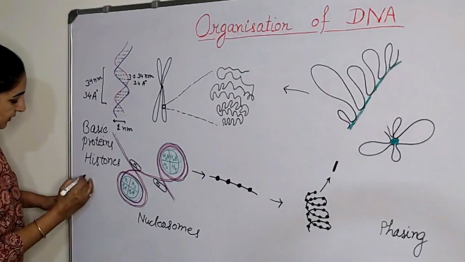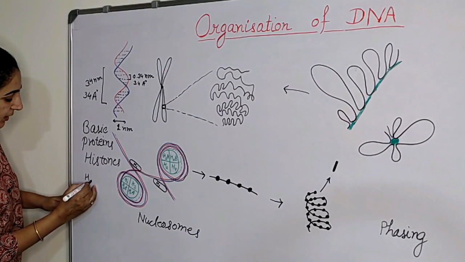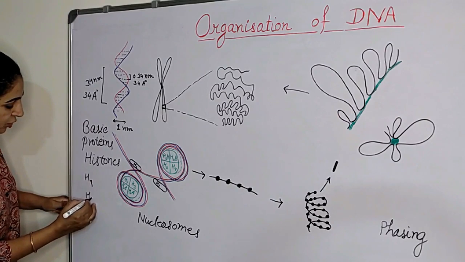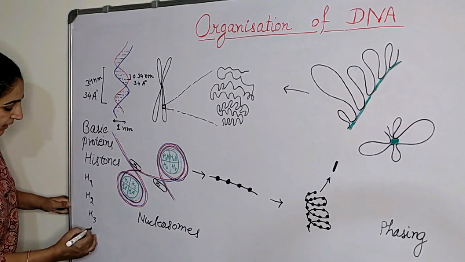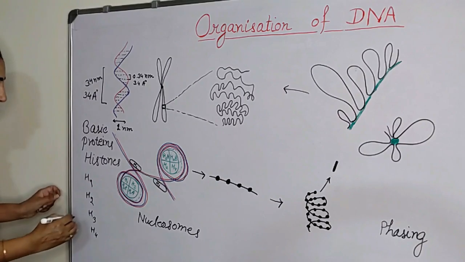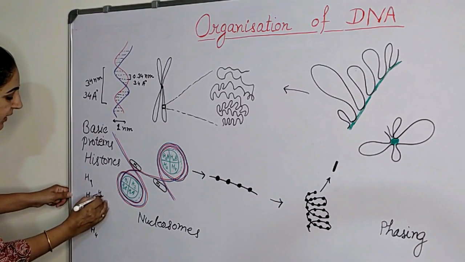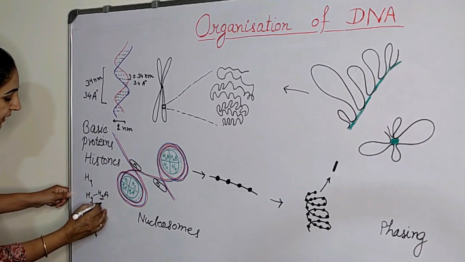So you have got 4 types of histones mainly. These are called H1, H2, H3 and H4. H2 has got 2 subtypes, that is H2A and H2B.